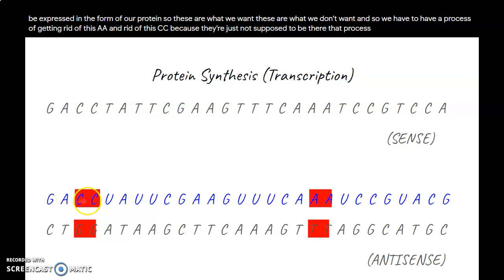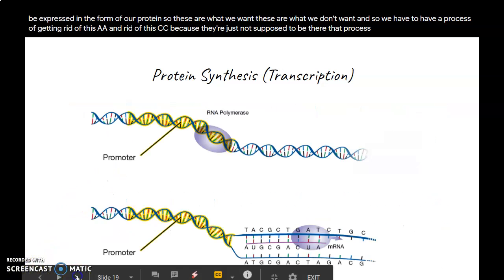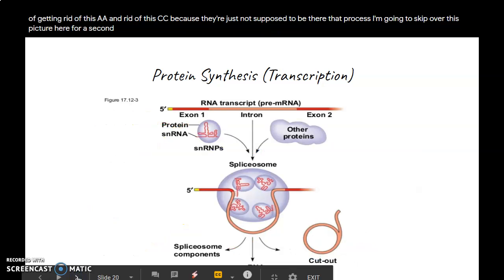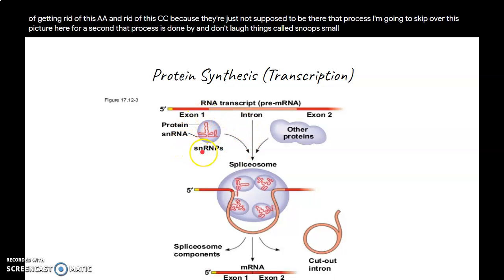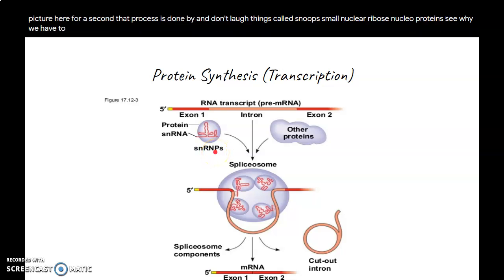That process, I'm going to skip over this picture here for a second. That process is done by, and don't laugh, things called SNRPs. Small nuclear ribonucleoproteins, you can see why we have to have a nickname for them, are called SNRPs.